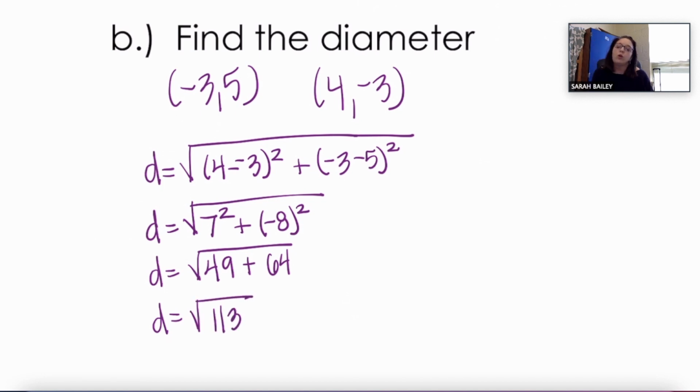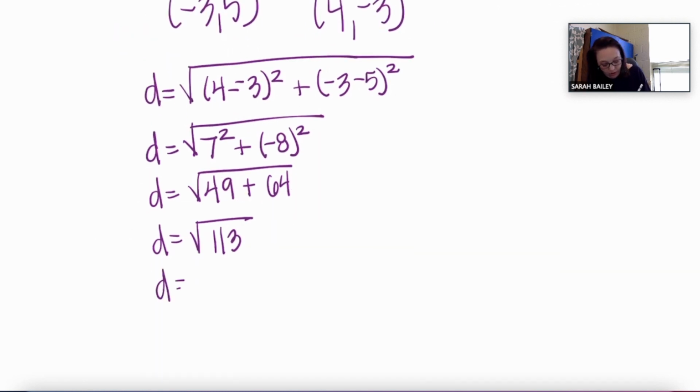So if this were a multiple choice problem, we might see it listed as the square root of 113. We can also get an estimate for that though. So that's about 10.6. So I'll highlight both of those because those are both possible answers.